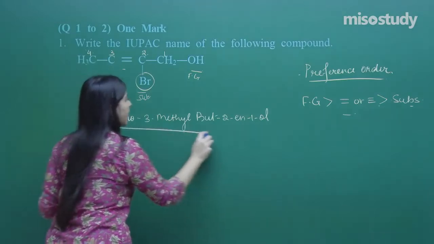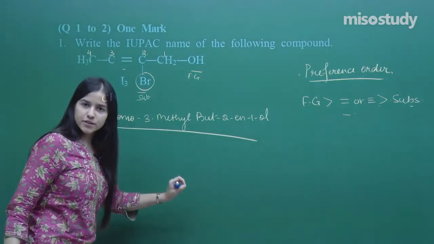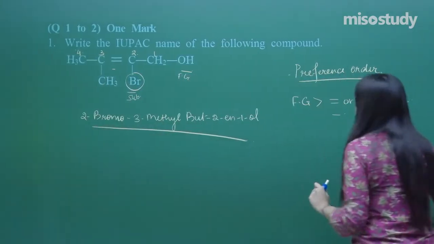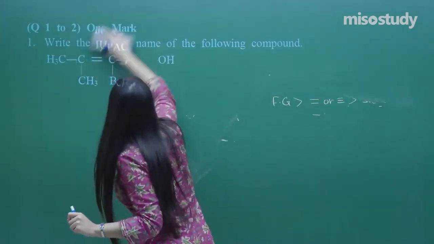Yes, don't forget the alcohol. This is the very correct answer for this question. Clear? So I hope everybody has got it right. Now I'm rubbing this. Let's move on to the very next question.